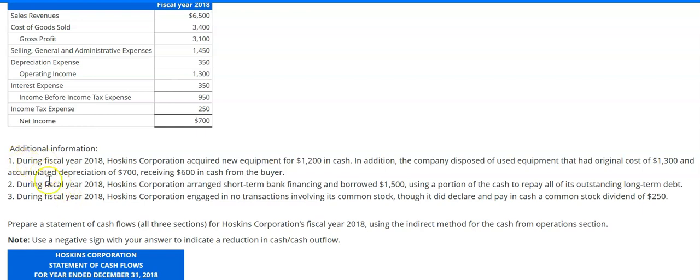And they wouldn't be giving us this information if we weren't going to use it. So it says, prepare a statement of cash flows, all 3 sections, for Hoskins Corporation's fiscal year 2018 using the indirect method for the cash from operations section. Okay, I guess we can do that.